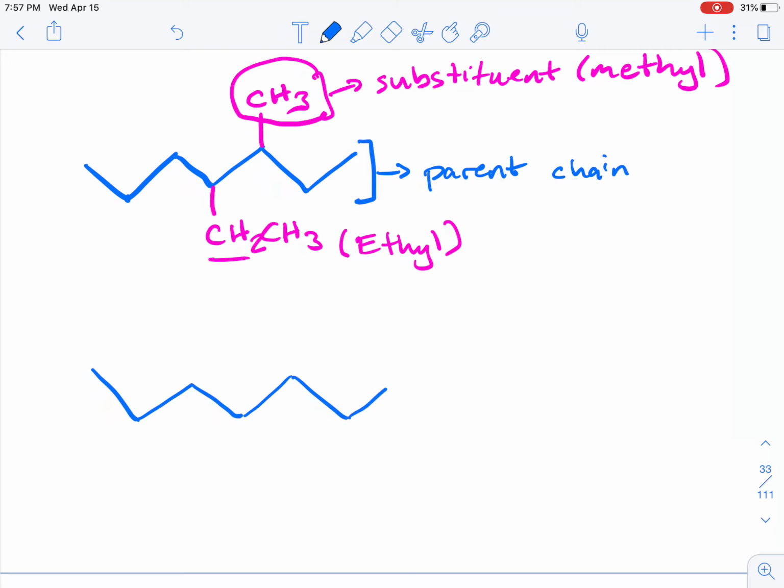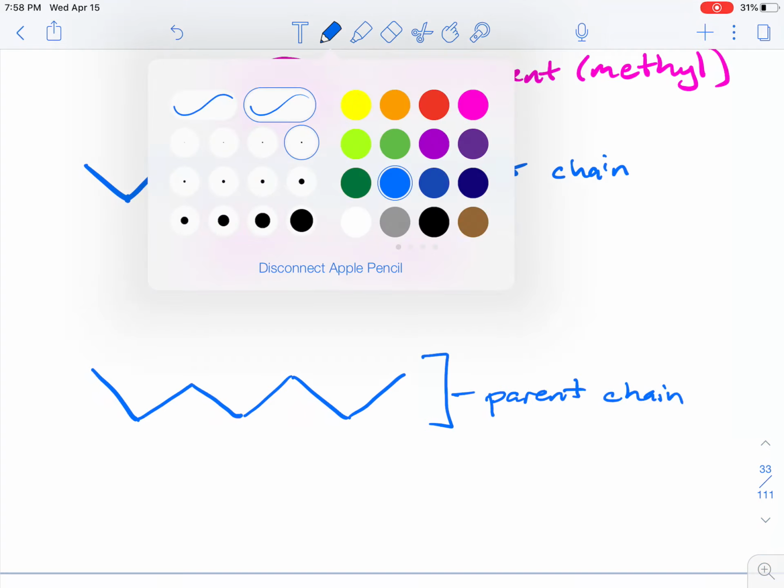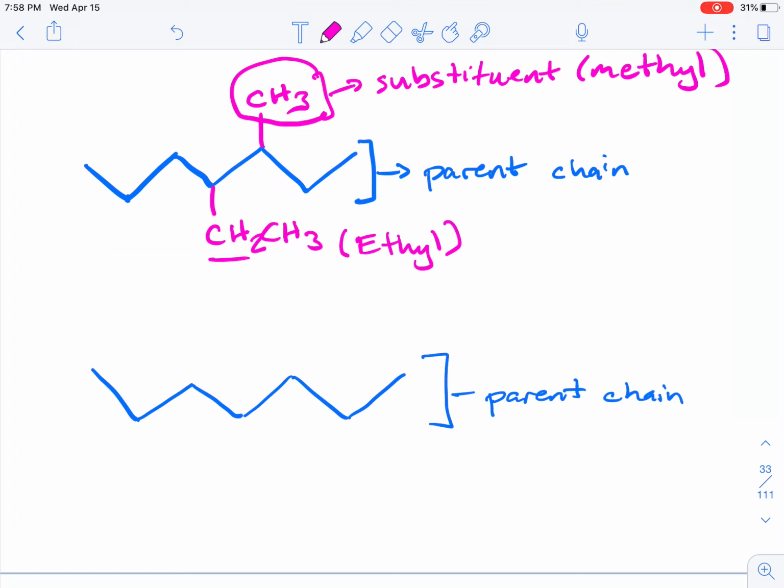So if this is your parent chain, and my pink will be my substituent, I can just depict the substituent as a line. And since there's only one carbon, that line is going to represent that CH3.